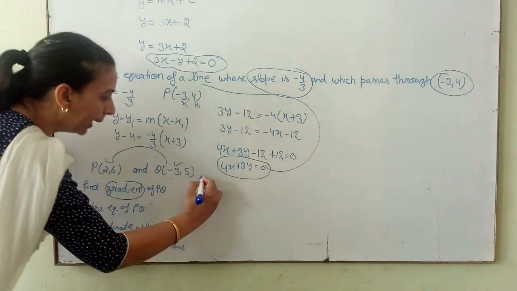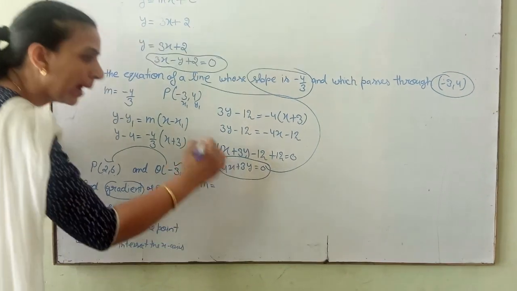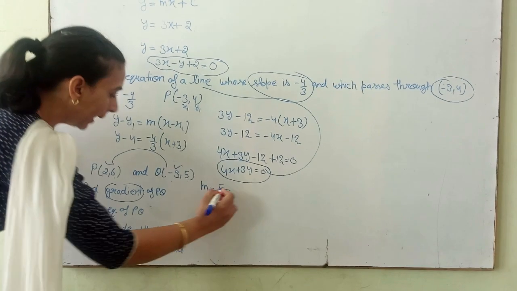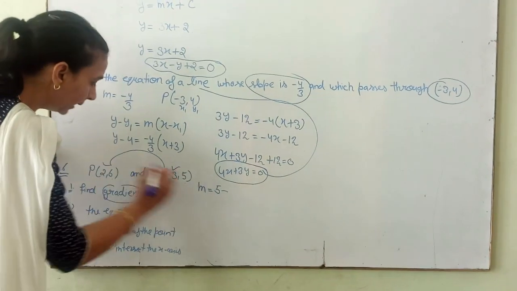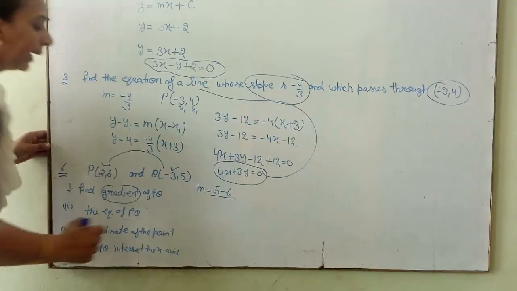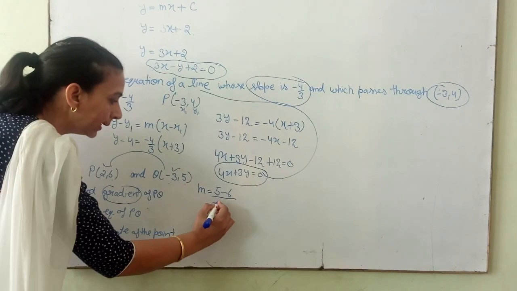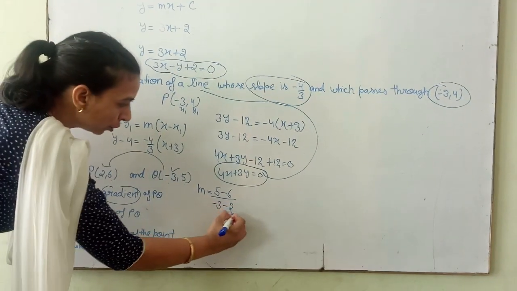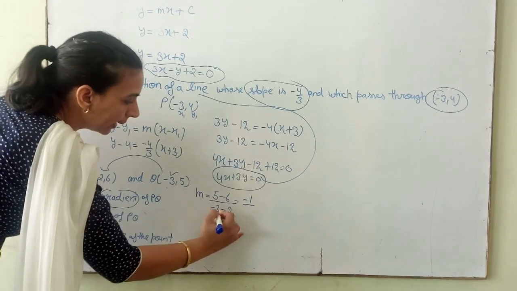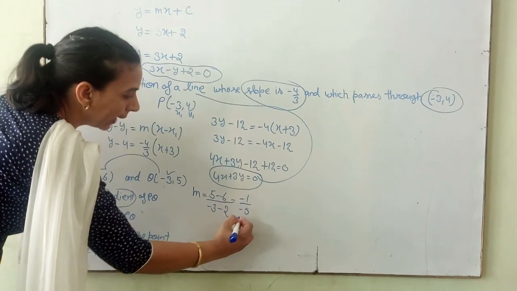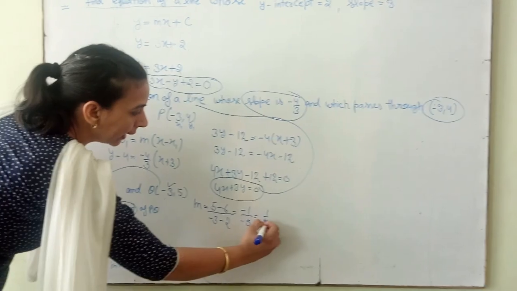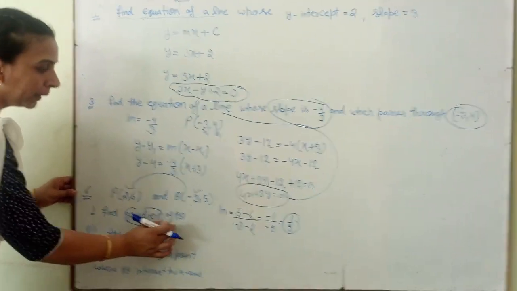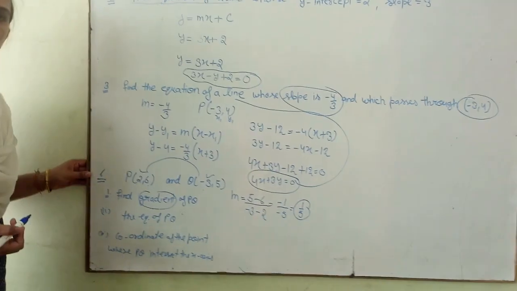Then slope m equal to y2 minus y1, which is 6, divided by x2 minus x1, which is 3 minus 2. Then minus 1 by minus 5, which equals 1 by 5. The slope of PQ, meaning the gradient of PQ, is equal to 1 by 5.